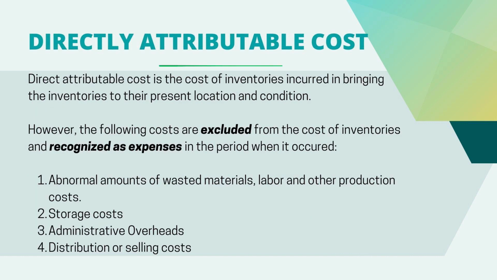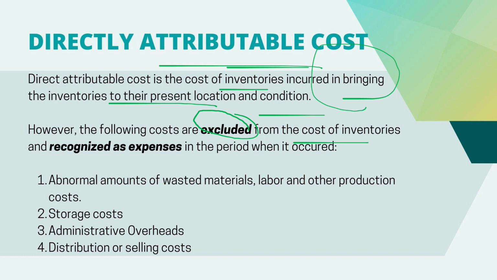So, directly attributable cost is the cost of inventories incurred in bringing the inventories to their present location and condition. However, the following are excluded. Okay, tatanggalin mo from the cost of inventories and recognize as expense in the period when it occurred.